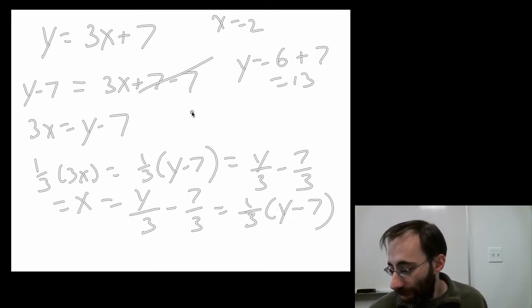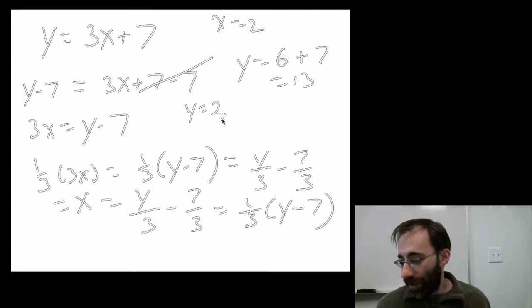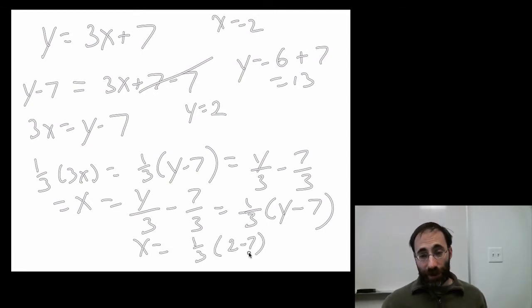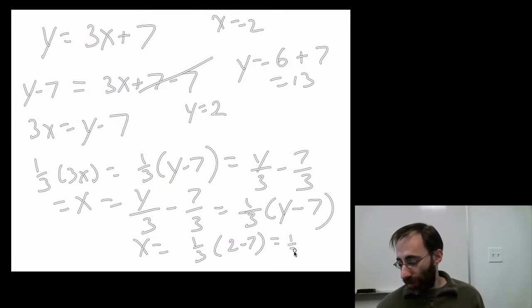Or I could have written y equals 2 and solve for x. This equation would tell me y is 2, so x equals 1/3 times (2 minus 7). Parentheses first means this is 1/3 times negative 5, or negative 5/3. I go off the page.